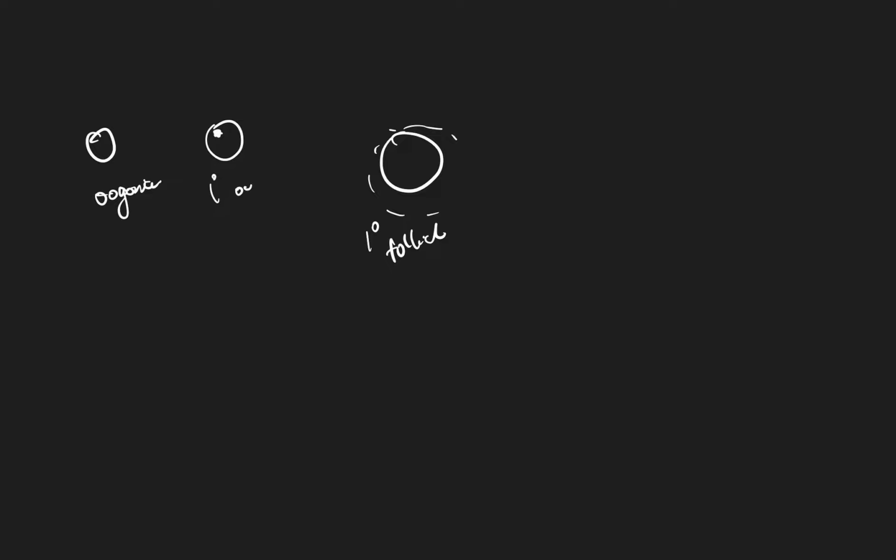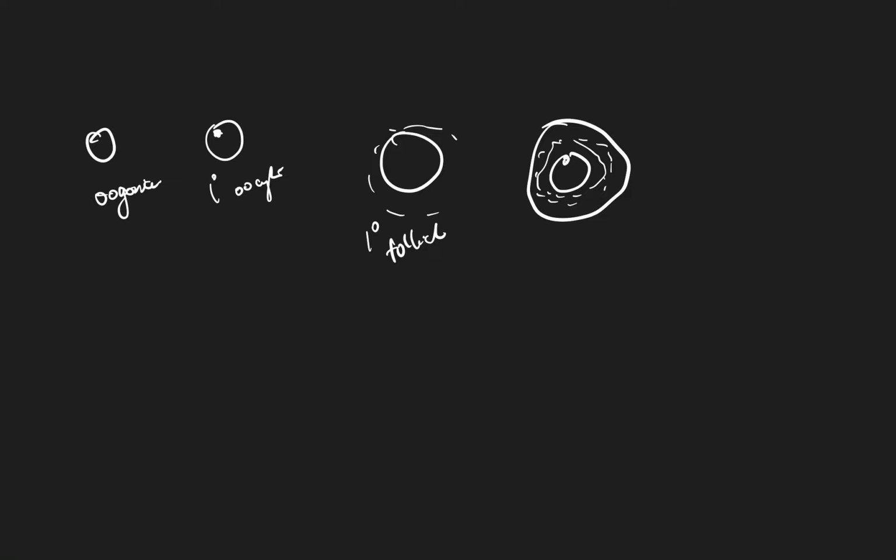And next, you can see the diagram of development of follicles. We have oogonia, then oogonia form primary oocyte, then this is called primary follicle. Development of follicles in ovary, what happens? Primary oocyte, and then this is primary follicle, then it forms a secondary follicle.